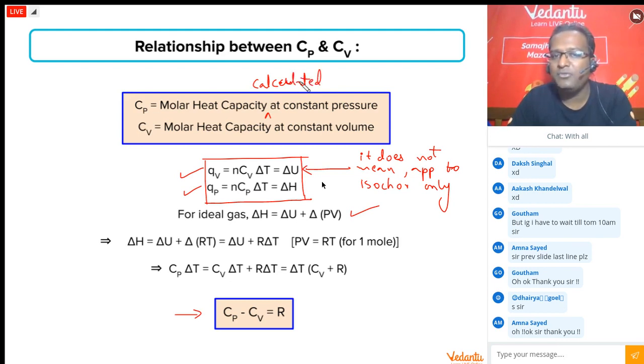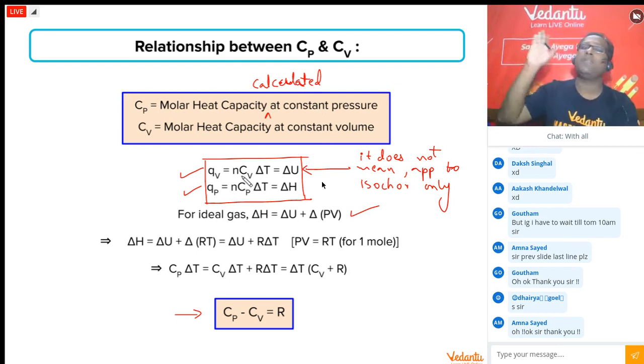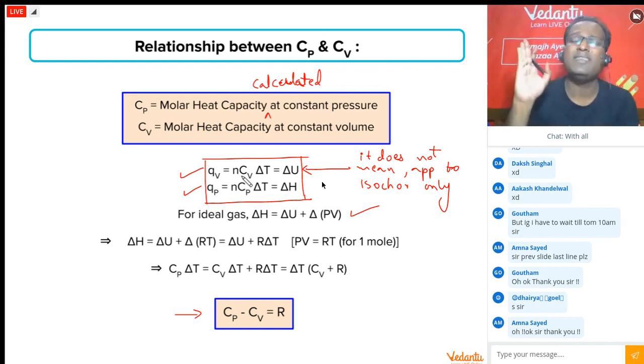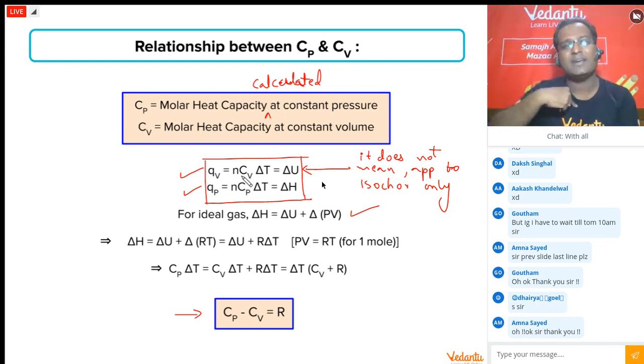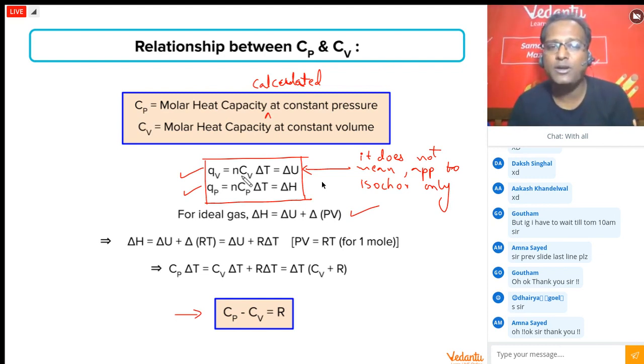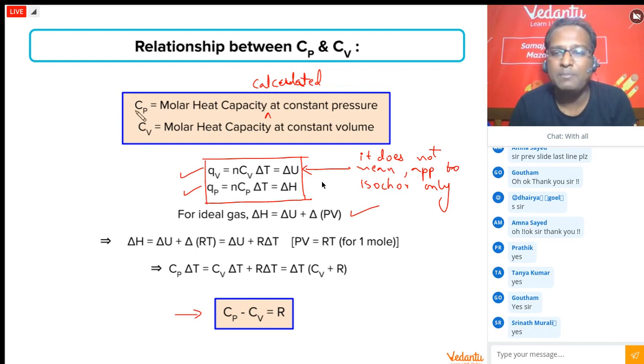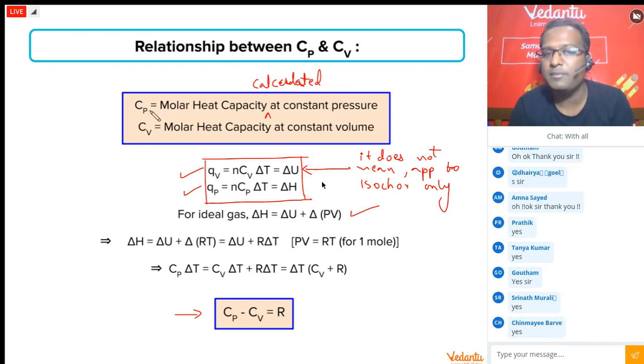That means for the substance, when I calculated the heat capacity, I used a constant pressure process or I used a constant volume process when I was conducting an experiment to calculate the heat capacity of that body. Is the point understood? Cp or Cv does not mean that heat capacity Cp should be used for constant pressure process.